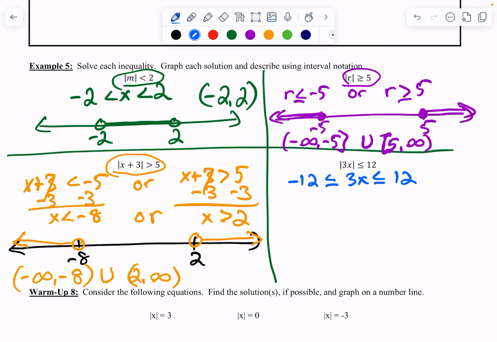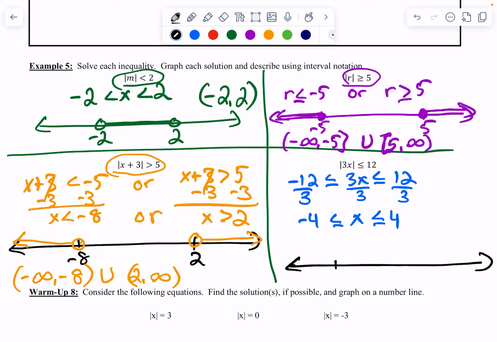Again, we have to isolate the x. So we have to divide all of these parts by 3. So -12 divided by 3 is -4, is less than or equal to x, is less than or equal to 4.